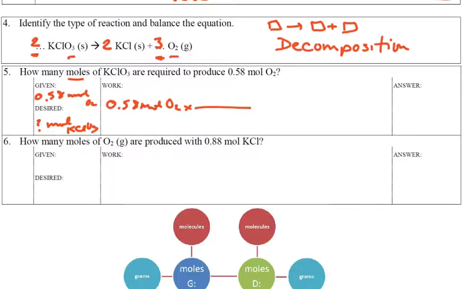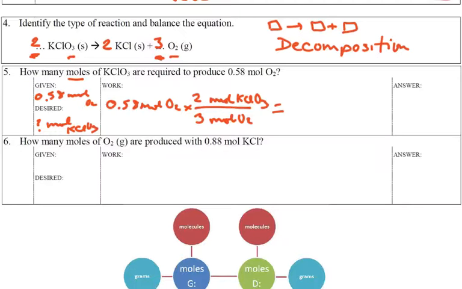For every mole of O2, there are going to be a certain number of moles of KClO3. I'm not putting in ones, I'm putting in numbers that come from the balanced equation. So for O2, I want to use the 3. So 3 moles of O2 are linked to 2 moles of KClO3.